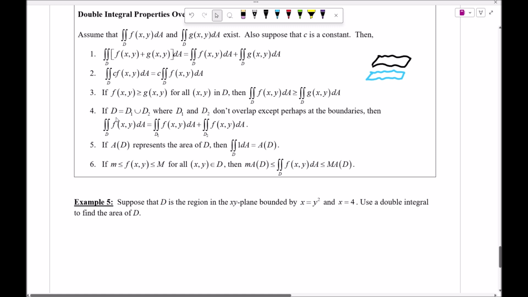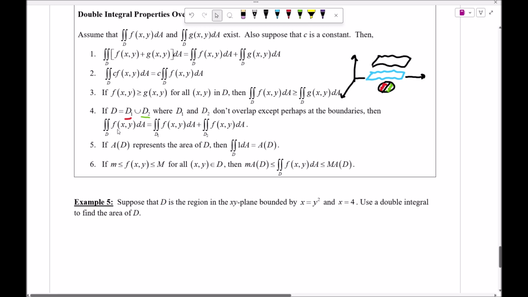Property number 4 states that if you could rewrite D as having 2 different regions, like maybe here I imagine that my region D is a circle, but I could split it in half. So maybe the left half is my D1, and my right half here is my D2. As long as that D1 and D2 don't overlap, they're separate spaces, then you could easily do the following volume properties.